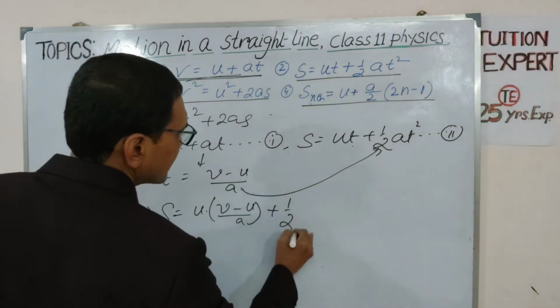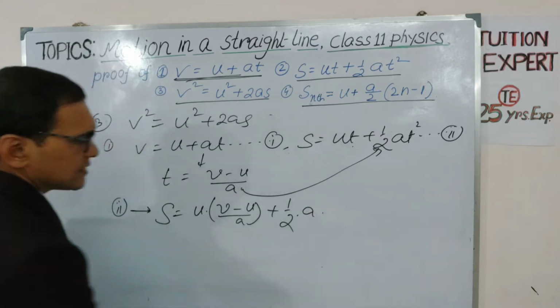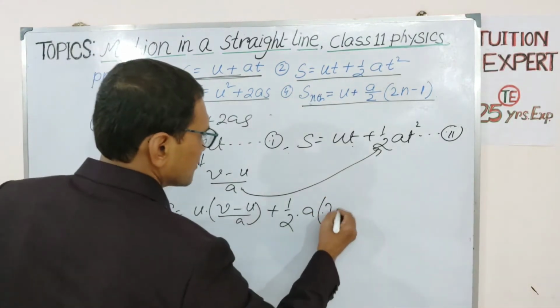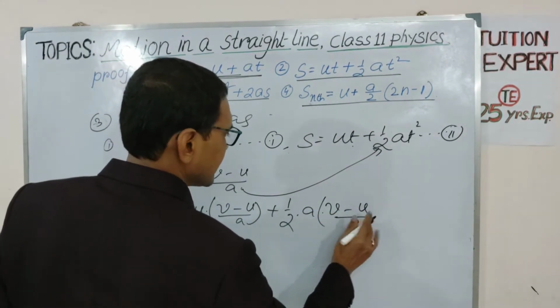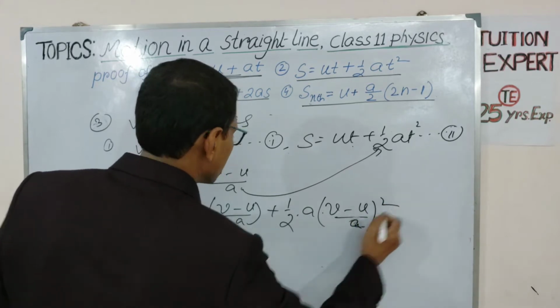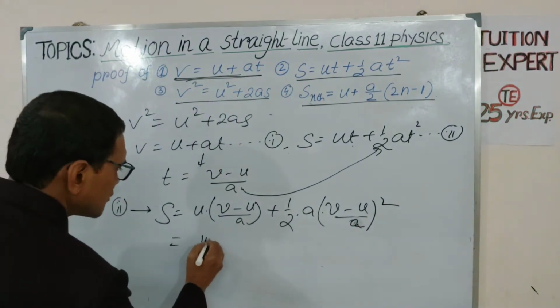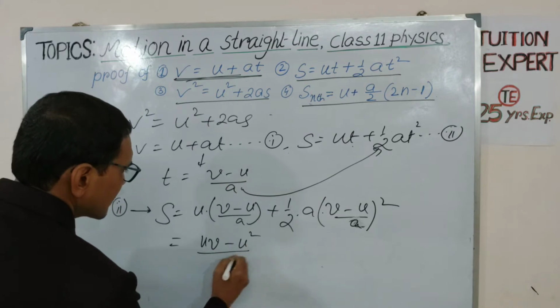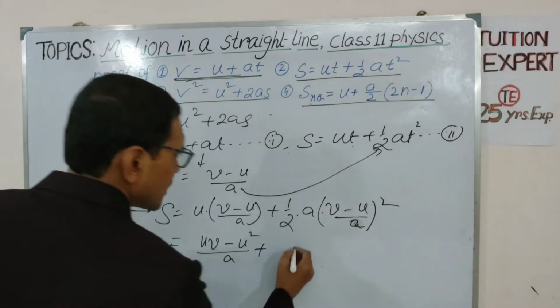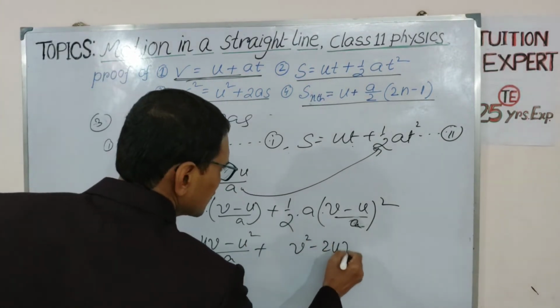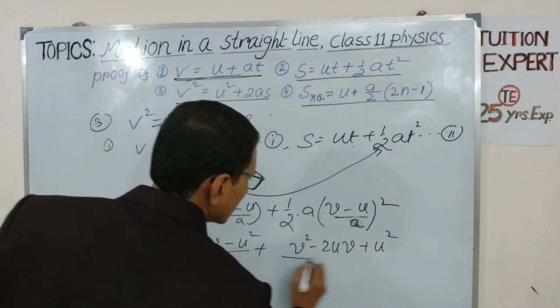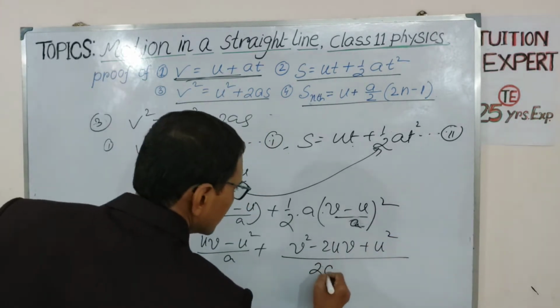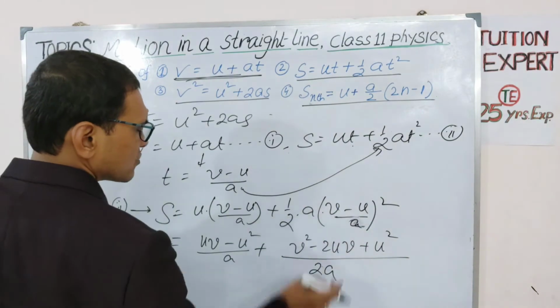plus half a into t square, that is (v minus u by a) whole square, which is equal to a square in the denominator. Cancel one a.